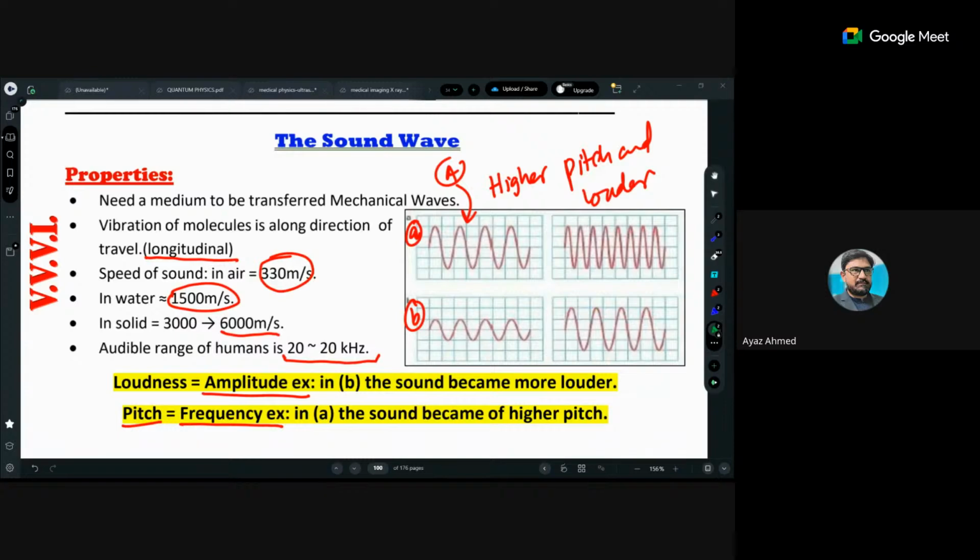But to make it shrill or high pitched, I have to make it thin, like the sound of crying or shouting somehow.